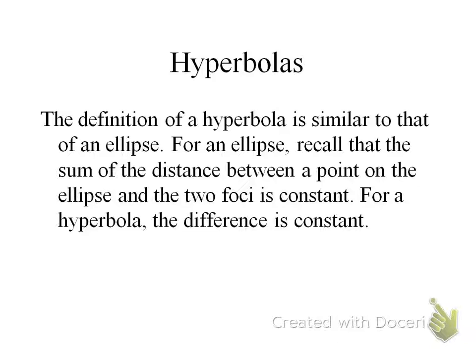So let me draw you a quick picture of what this all means. This isn't super important to have in your notes, but it's kind of important to have a little bit of knowledge of this. So you will have two foci on here.